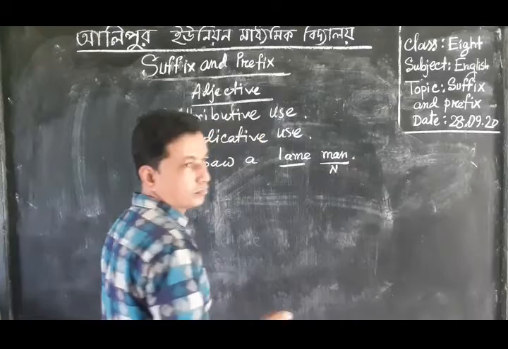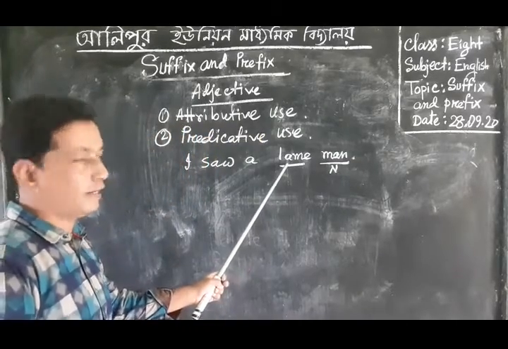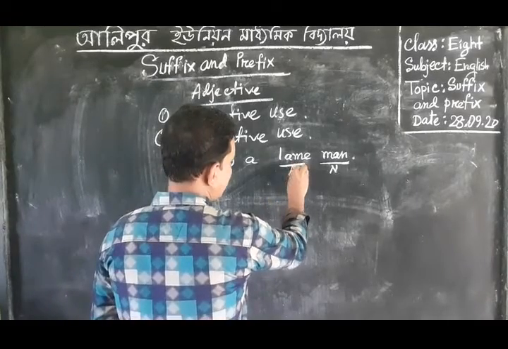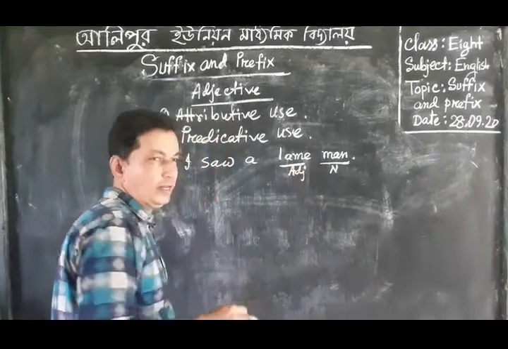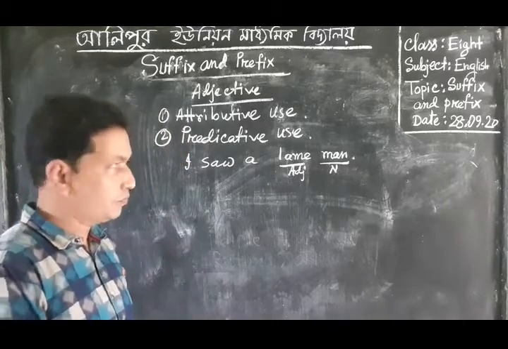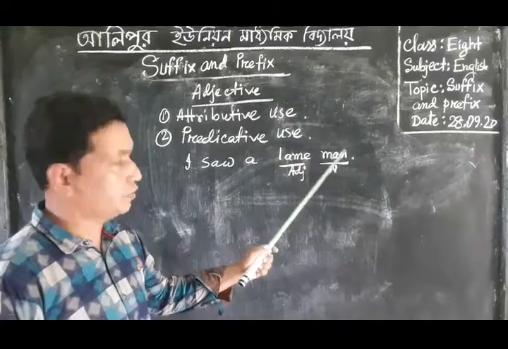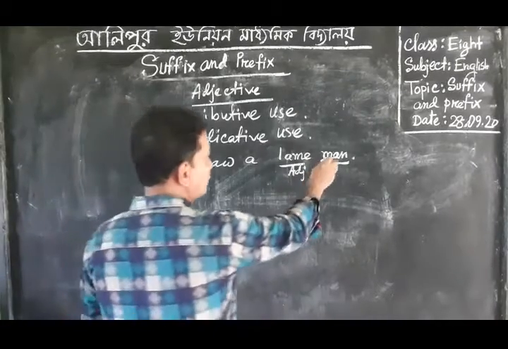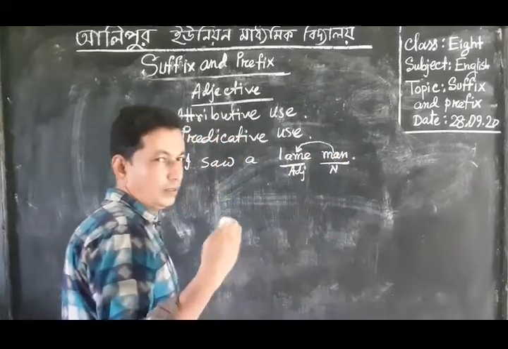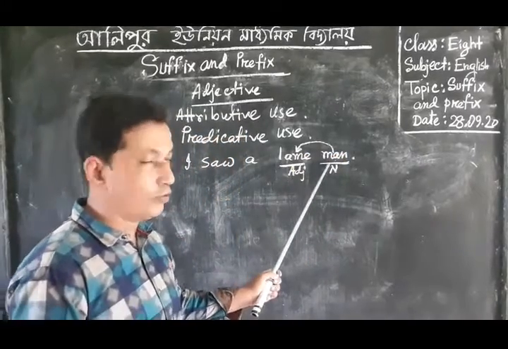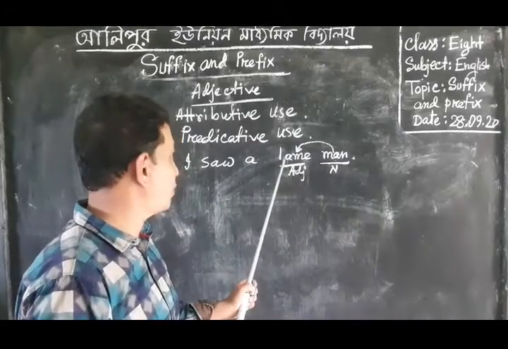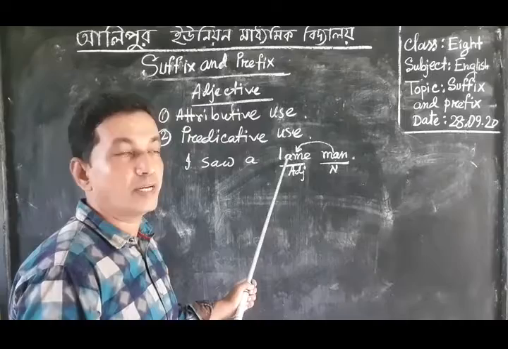Man is a noun, and before a noun, an adjective can sit. When an adjective sits or adds before a noun, it is called attributive use, because this adjective qualifies the man. When an adjective qualifies a noun from the left to the right, it is called attributive use of adjective.